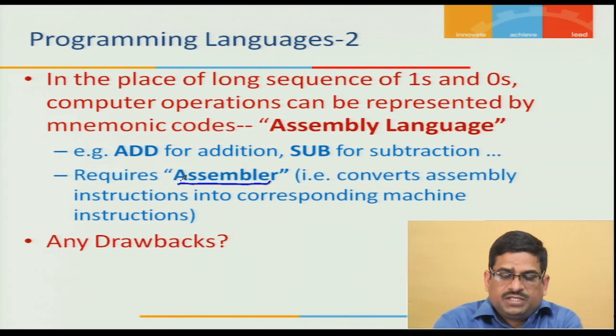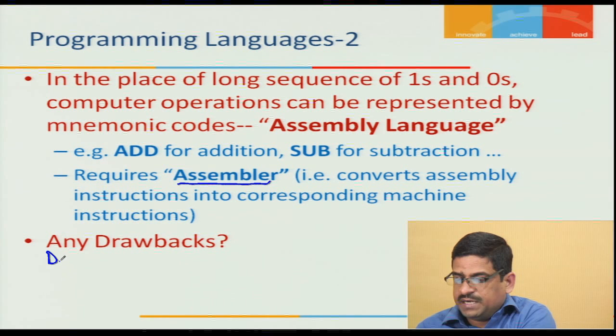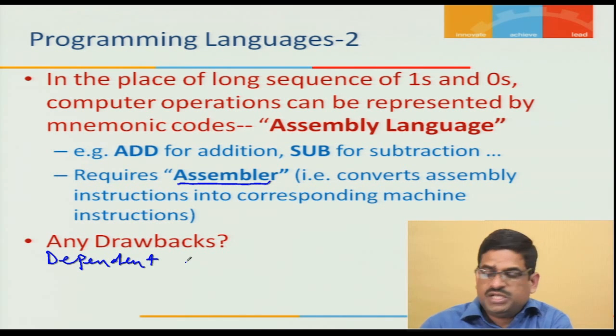What did we actually achieve here? Still my program is machine dependent.